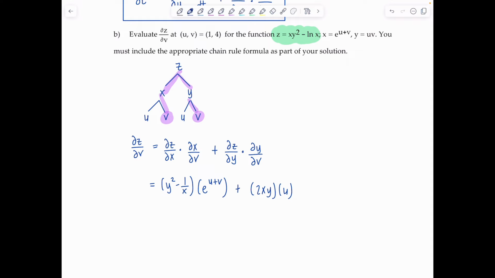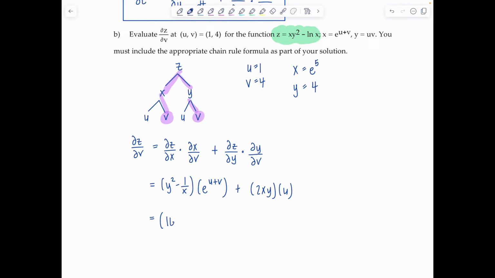Beautiful. Now they told me that u is equal to 1, v is equal to 4. That means x would equal e to the 1 plus 4, which is e to the 5th. And then y equals 1 times 4, which is 4. So I can substitute all these in now.